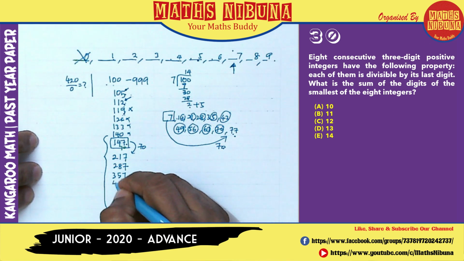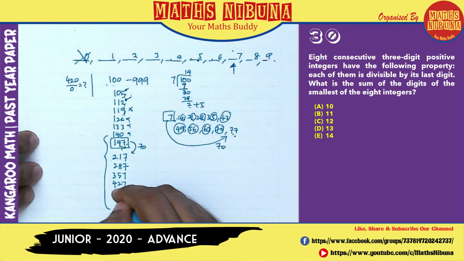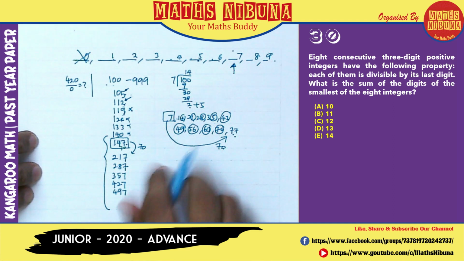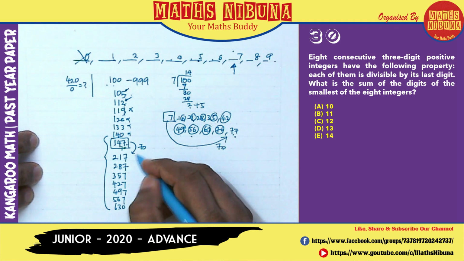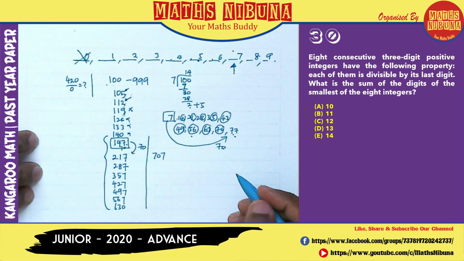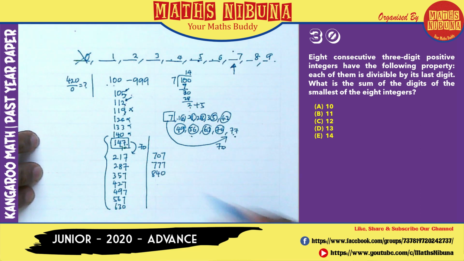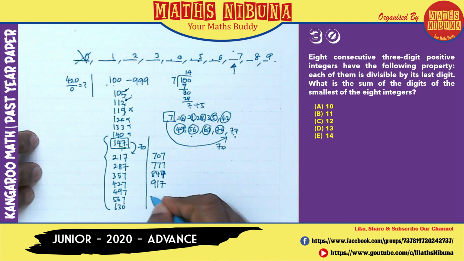Another 70, 427, and then 497, 567, 637, 707, 777, 847, 917, 987.